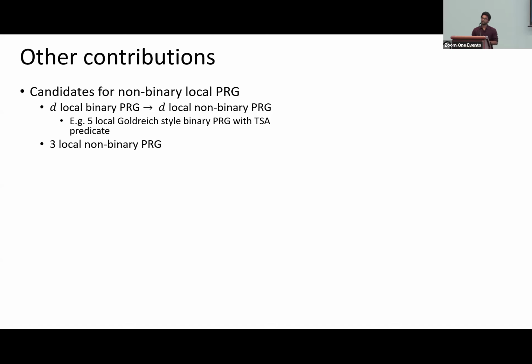We also explore direct constructions of a 3-local non-binary PRG. And we term this candidate the sparse learning with rounding candidate. This is motivated by hardware optimizations of the resulting PCG. And this candidate is inspired by the sparse learning parity with noise assumption and the existing learning with rounding candidate in the literature.